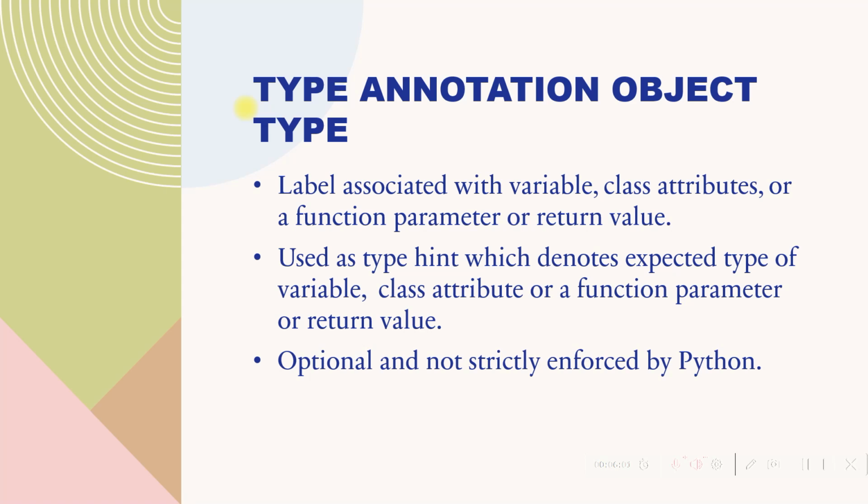Again, this is optional, so it is not strictly enforced by Python. What does it mean? It means that even though I have labeled that the parameter of my function will accept an integer value, if I pass a string value instead, Python is not going to give us any error because it is not strictly enforced by Python.